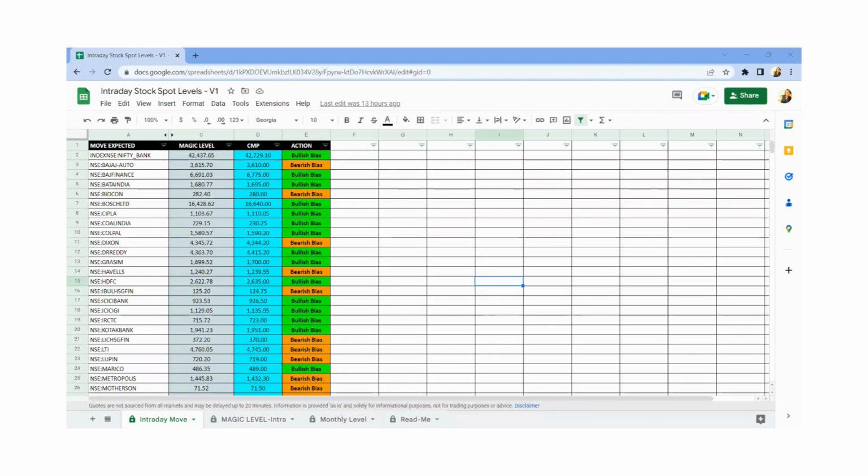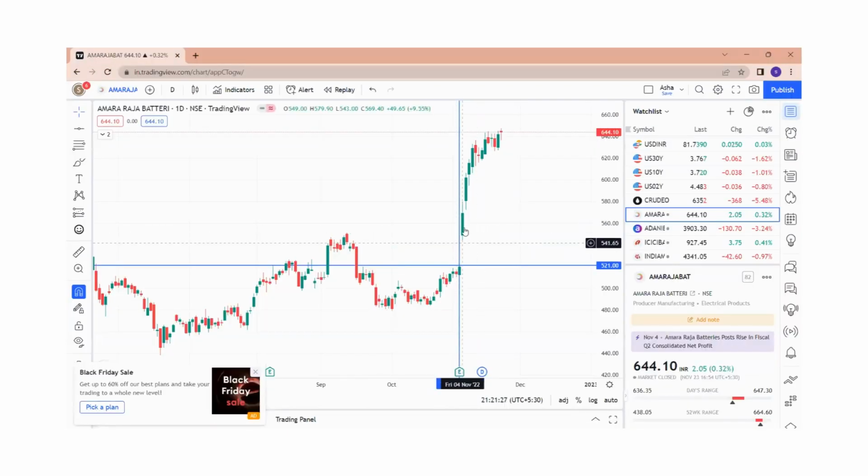See, monthly levels, for example, if you see Amara Raja Battery, obviously this move is not something that happens intraday. Now, suppose you are an intraday player and you have taken an entry based on an intraday buy.